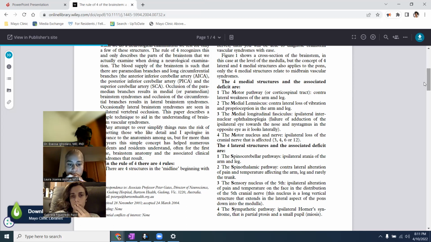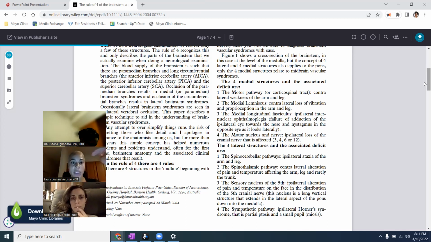So you said the anterior spinal artery is lateral? No, medial, for the medulla. What is lateral for the medulla? PICA.